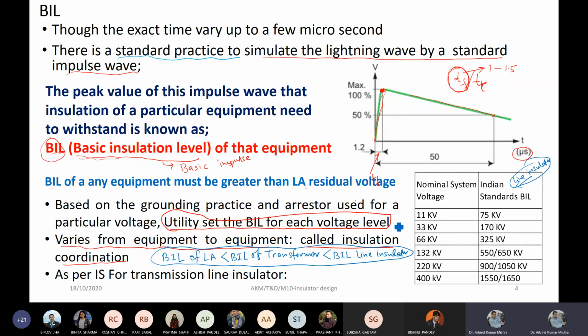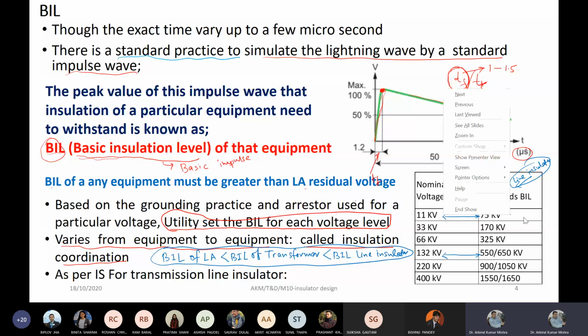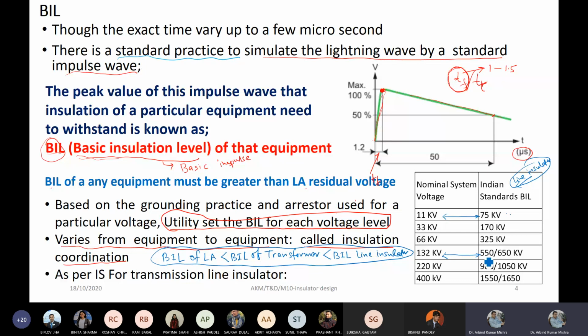And last time also I gave you the example that if you see the ratio for 11 kV and 132 kV, then the margin in 11 kV is higher than in 132 kV. The basic reason is that the lightning arrestor quality is lower, and also the lightning current will be higher in the case of lower system voltage.